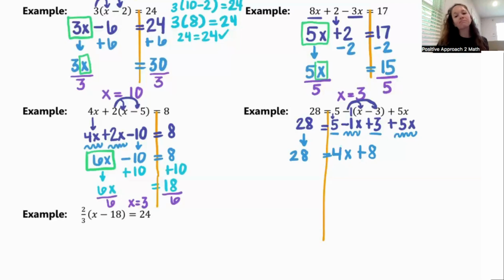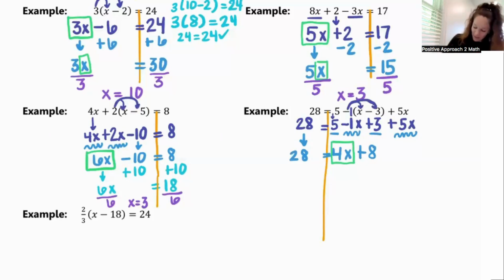Okay. Now, from here, we're going to put our 4x in our box. Maybe you know what's happening, right? I need to get rid of that plus 8. I want to isolate my variable. I'm ready to go. So I'm going to get rid of that plus 8.